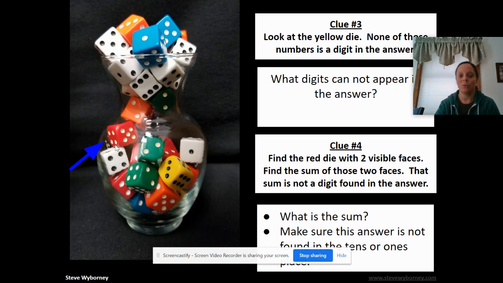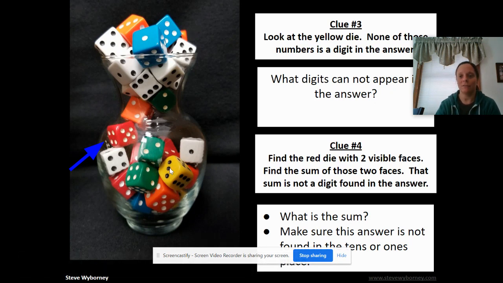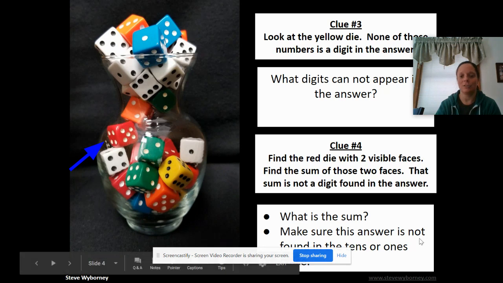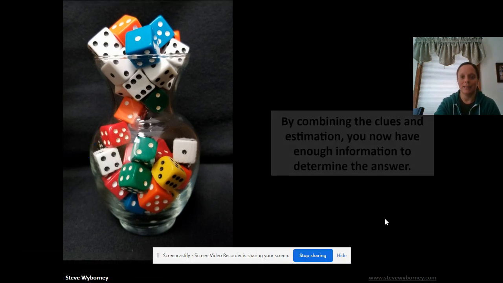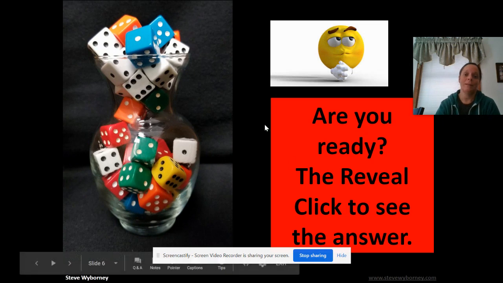And in my recording, I highlight what the word sum means as well, that it's the answer to an addition problem. So make sure you add 4 and 5 and you get 9, and then that should not be found in your tens or your ones in the final answer. And this is how I tweaked the end of the slides. And it was really easy to do because the format's already set up.